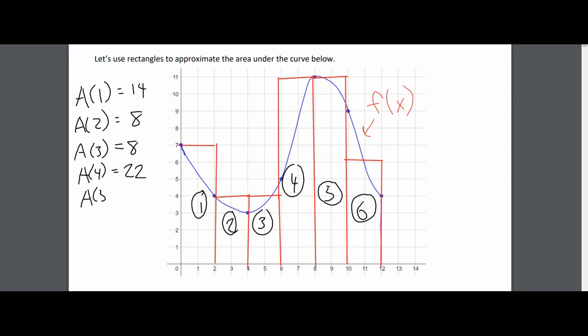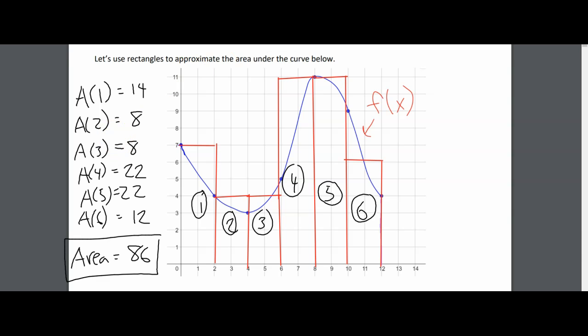Same thing for rectangle 5. And for rectangle 6, we have 2 times 6, which is 12. So if I add those all together, my area estimate is 86. So this would be one estimate of the area.